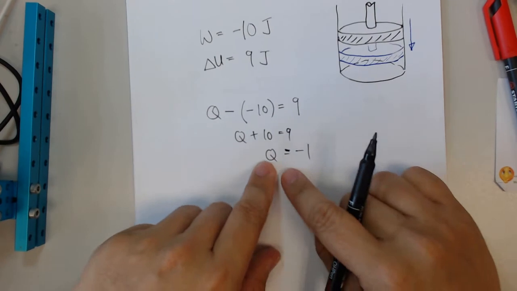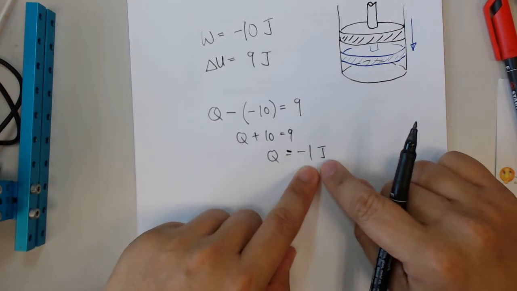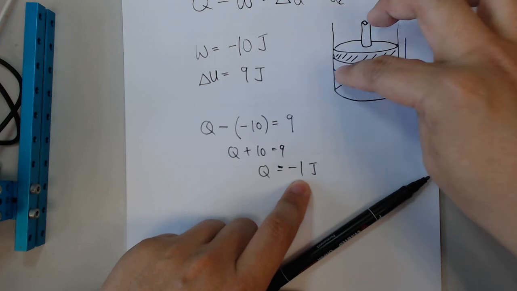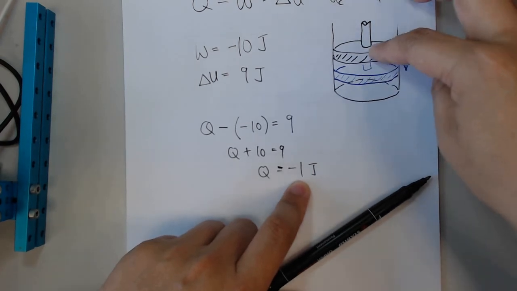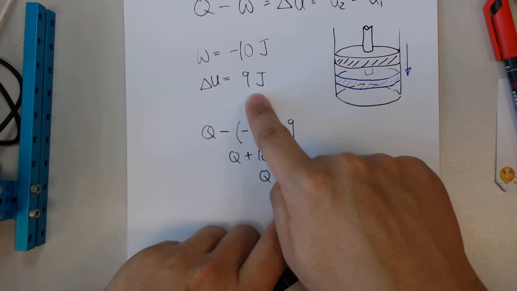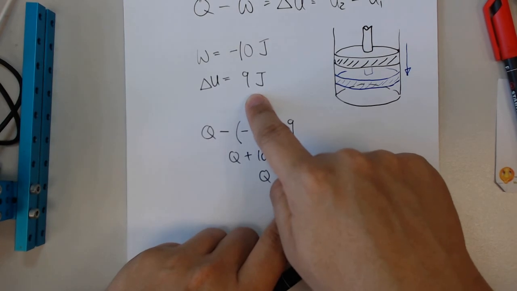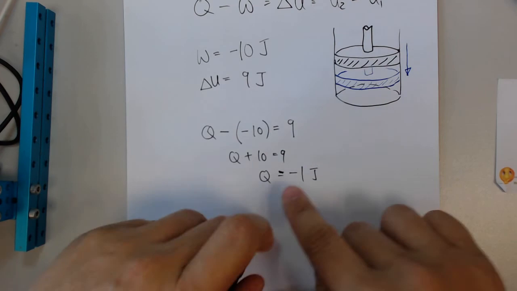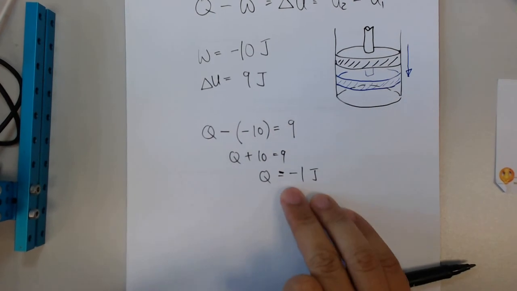And you can see that there is a reason for this, because as I compress the gas, most of the energy from the work goes into increasing the internal energy of the gas, but not all of it is used up. The remaining actually becomes heat energy. Now, is this heat gain or heat loss?